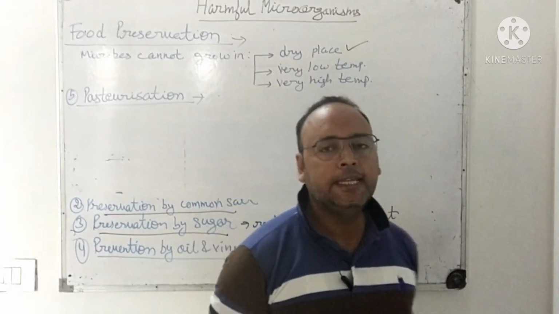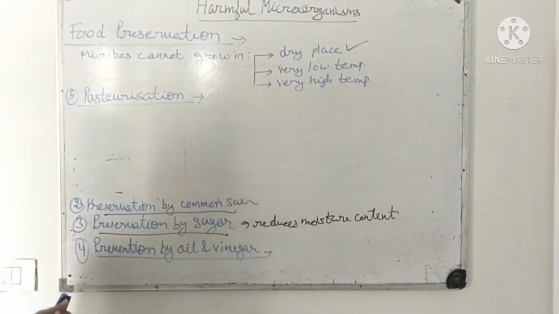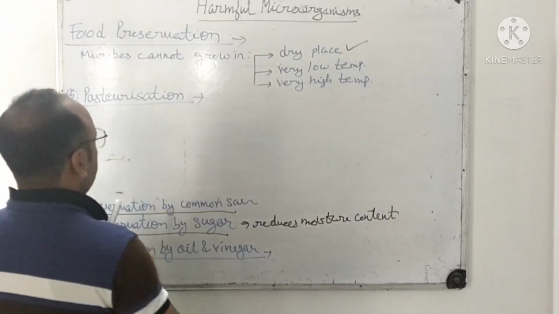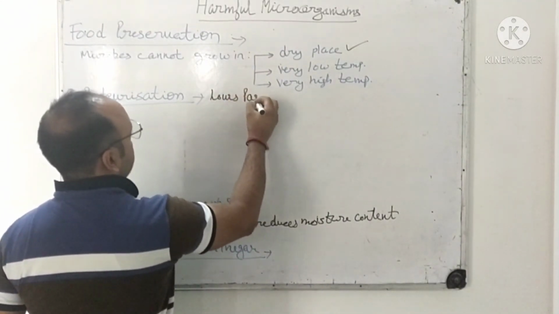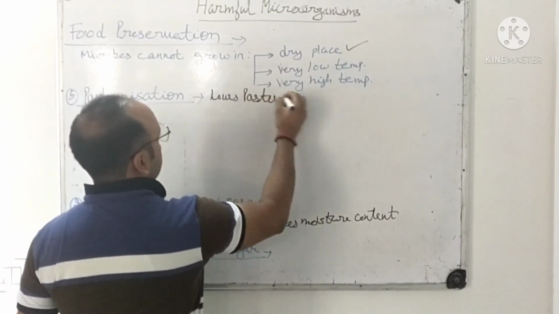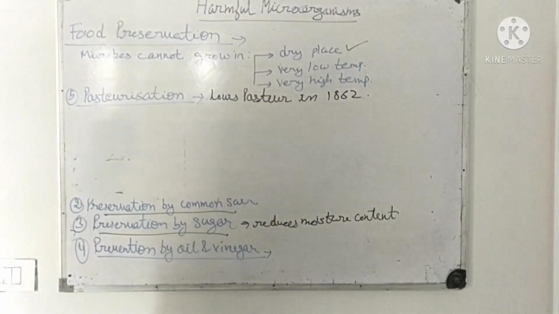Then it's immediately chilled and stored in packets, and then we can utilize it. That is pasteurized milk. Louis Pasteur discovered this in 1862.